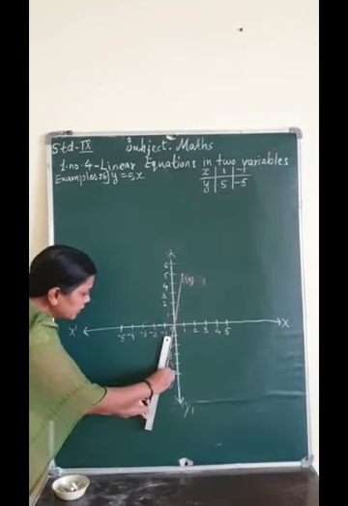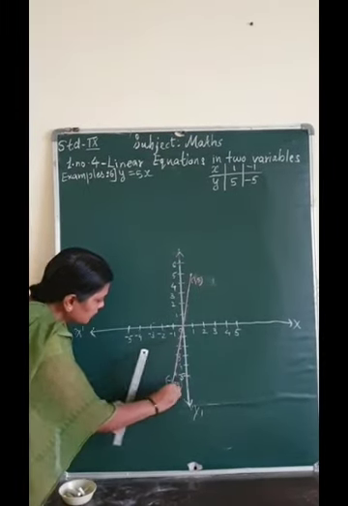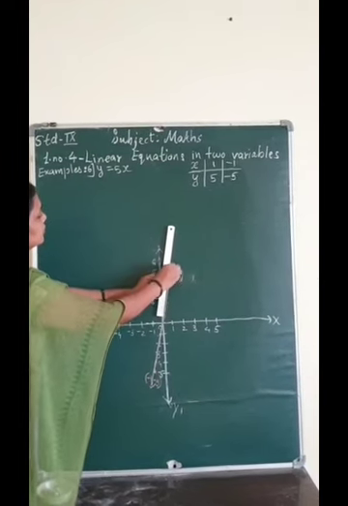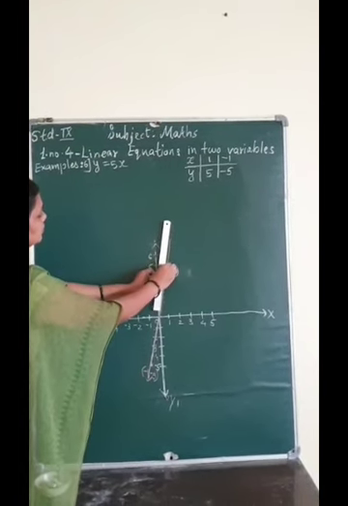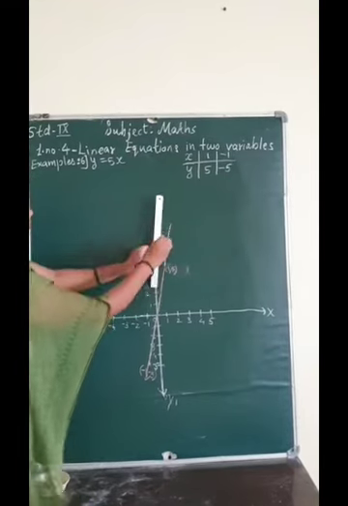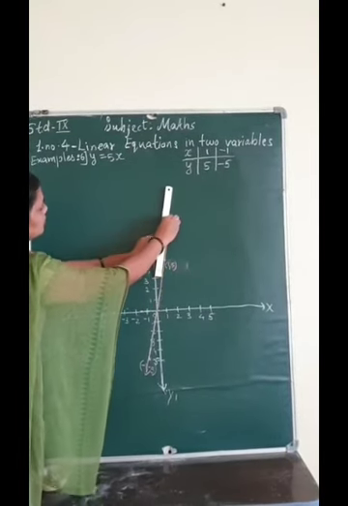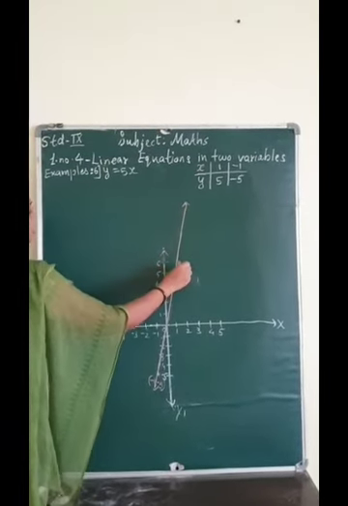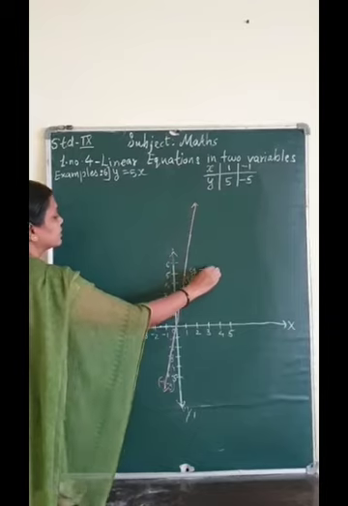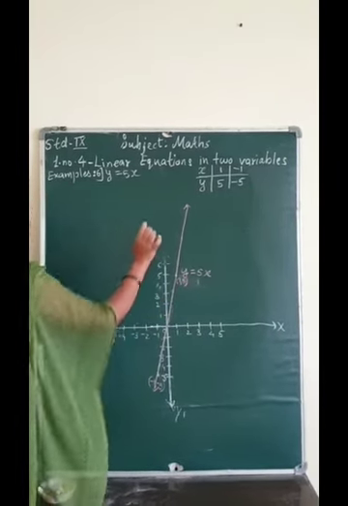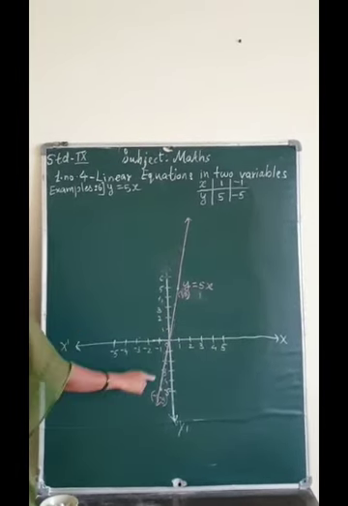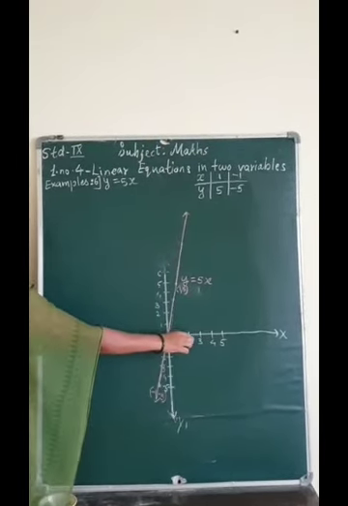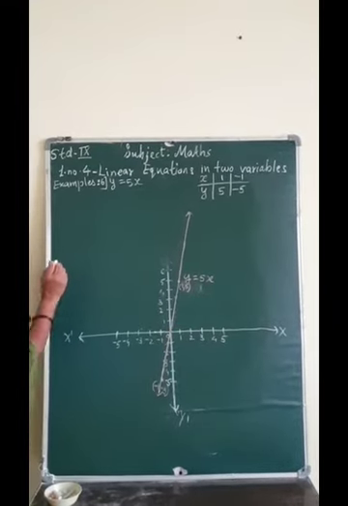Now if you extend this line further, this is the line representing the equation y equal to 5x. Now what they have asked us next is to read from the graph itself: when the distance travelled is 2 units, how much is the work done.